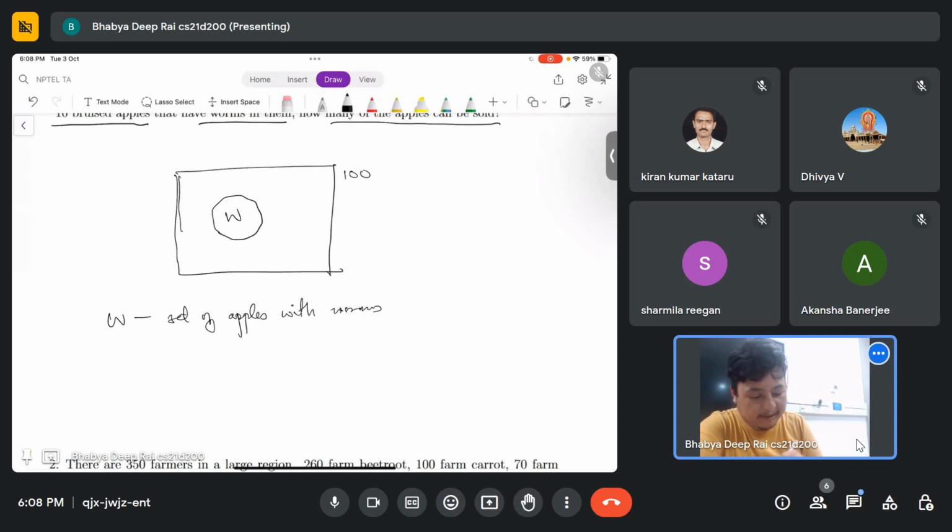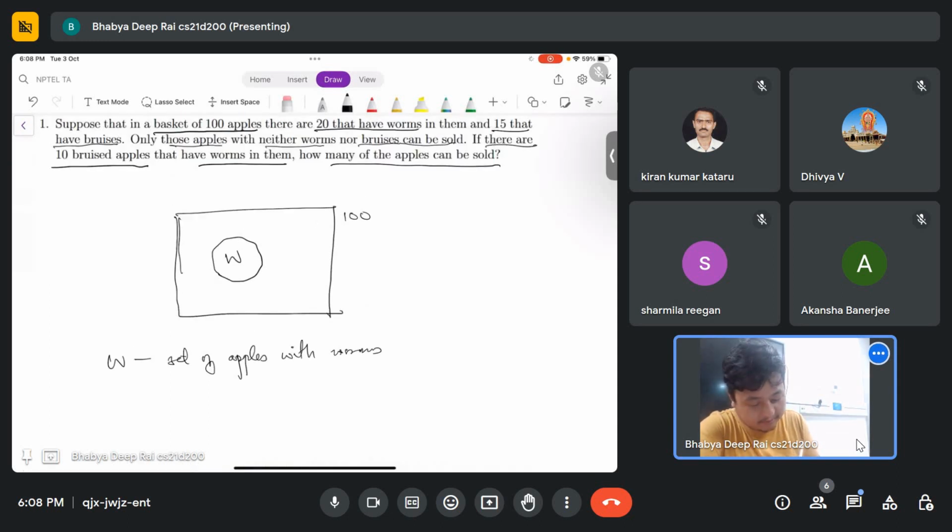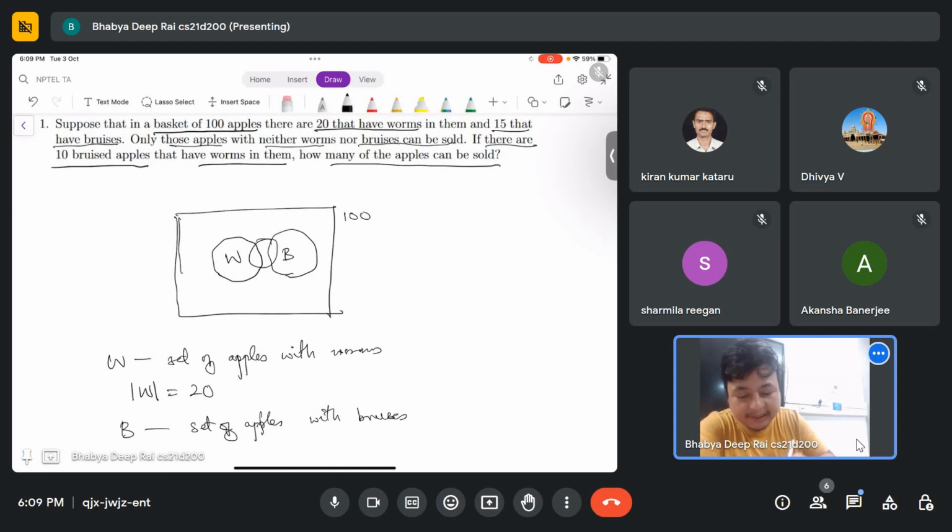We know that the number of apples that have worms is 20, so the size of the set is 20. And 15 that have bruises. So B is the set of apples with bruises. And set B may not be separate this way, because there could be apples that both contain worms and are bruised also. So this is B, let's say.